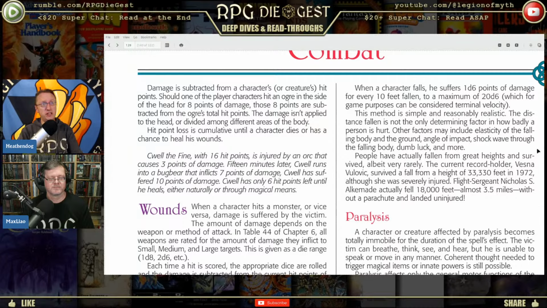Should one of the players hit an ogre in the side of the head for 8 points damage, these 8 points are subtracted from the ogre's total hit points. The damage isn't applied to the head or divided amongst different areas of the body. Hit point loss is cumulative until a character dies or has a chance to heal. This is easy, right? Unlike in other games, hit points are not distributed amongst the body.